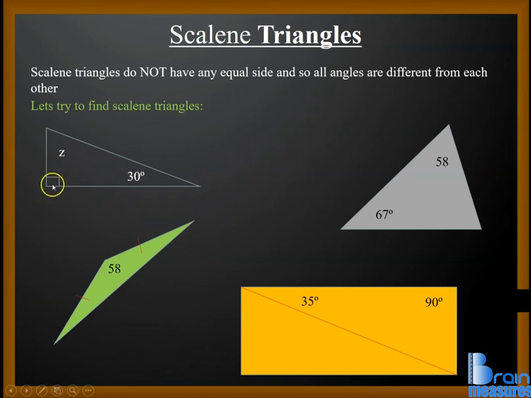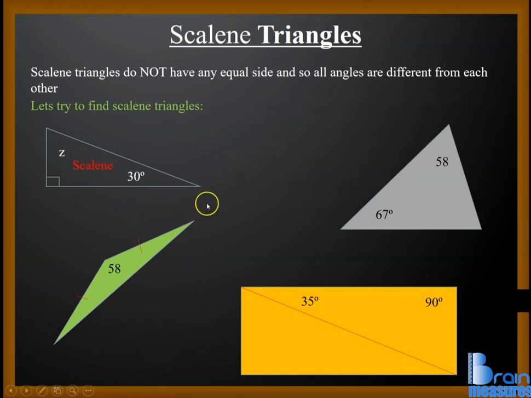Well, this is 90 degrees. This one is 30 degrees. What is the size of angle Z? So Z is going to be 180 minus 90 minus 30. So this should be 60. If this is 60, then all three angles are different. Therefore, this is a scalene triangle.